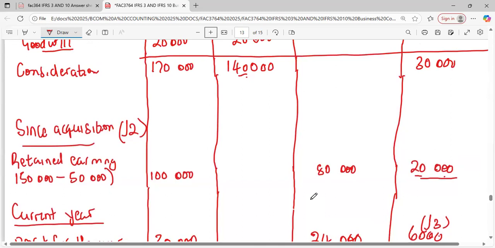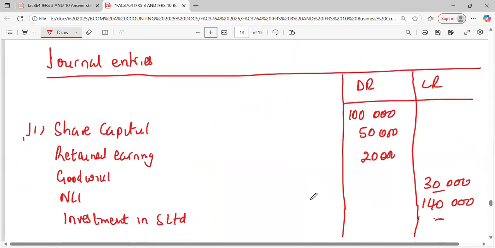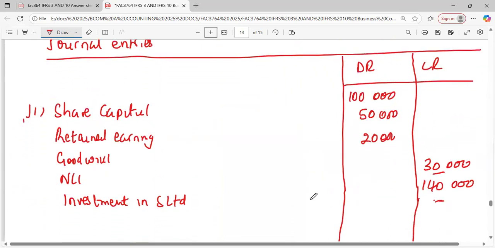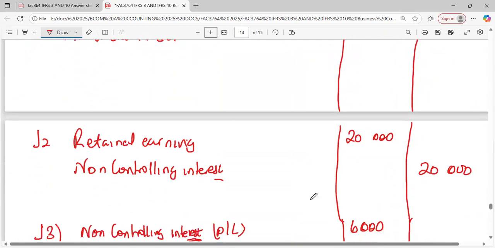But another thing is, let's say the question requires you to do journal entries. If you understand how to build these journal entries without the analysis, you can still do your calculation here. For an example here, the retained earning, you can just come here and say it's 150,000 minus 50,000 times 20%. 20% is the NCI.